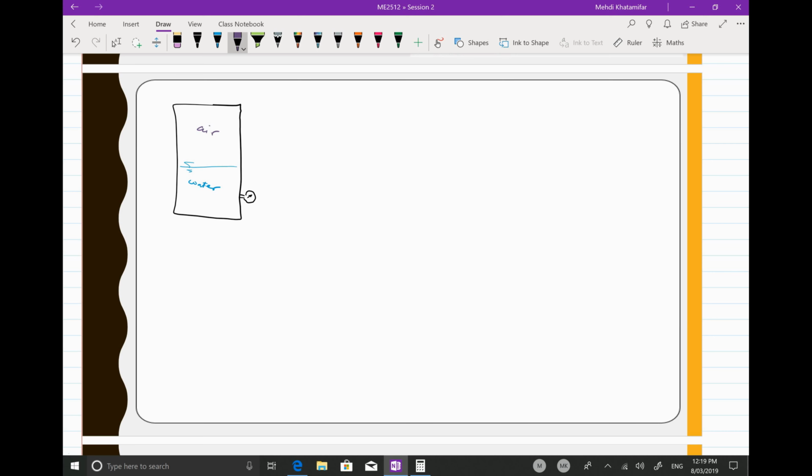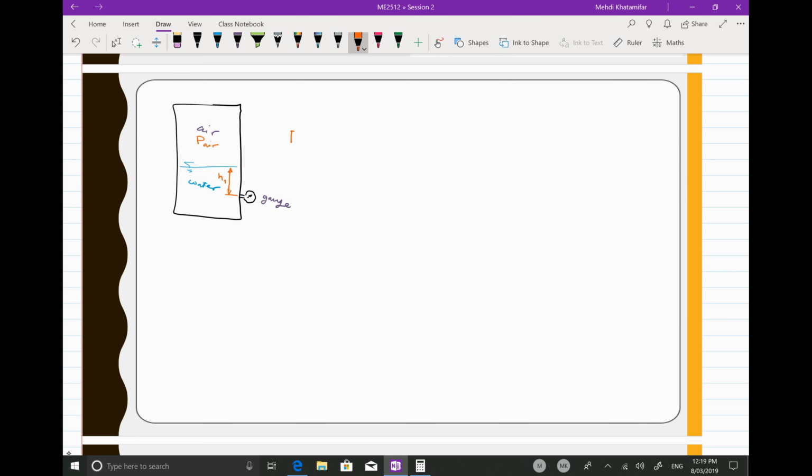If I want to find pressure for this case at the gauge, I'm simply going to find the pressure of this height of water, let's call it H1, and the pressure of air here.